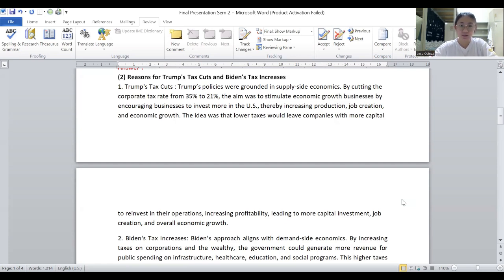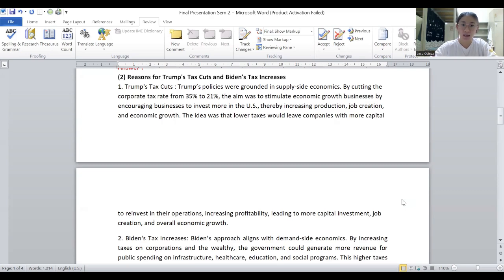The idea of this Trump's tax cut is that lower tax would leave these companies with more capital to reinvest in their operations, increasing the profitability, leading to more capital investment, job creation, and overall economic growth.